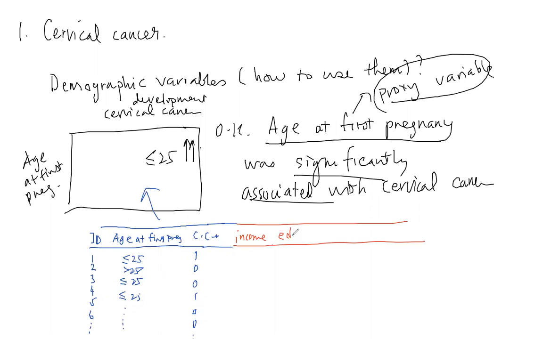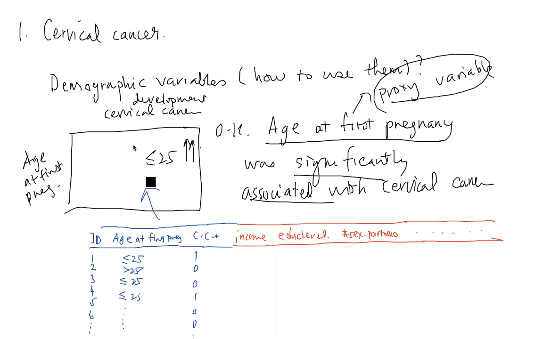You can collect other things like education level and number of sexual partners, and so on. There are many other things you can collect.